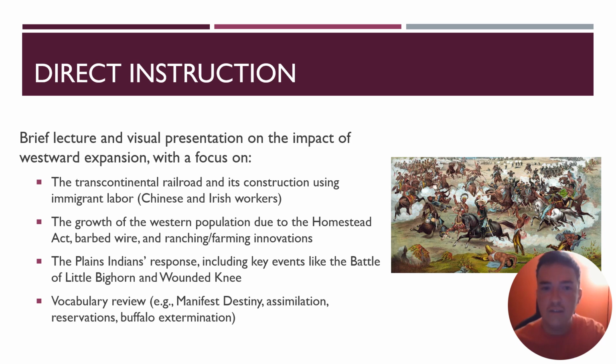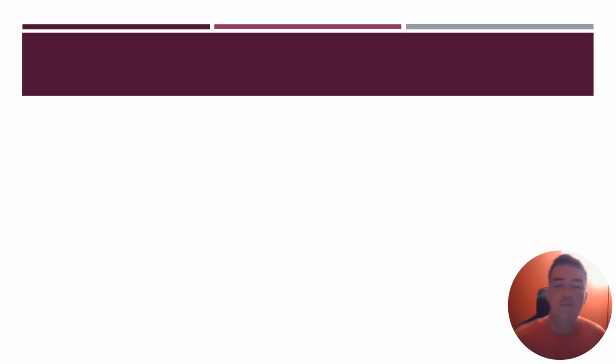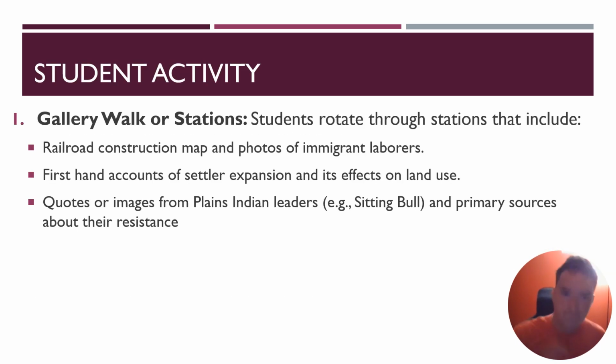And then the student activities would be a gallery walk or stations, just a station rotation that would include more in-depth analysis of these topics, like the Transcontinental Railroad, firsthand accounts or primary and secondary sources on settler expansion, maybe the Homestead Act, other things that helped encourage that expansion, farming techniques, and then also the analysis of the Plains Indians' resistance.